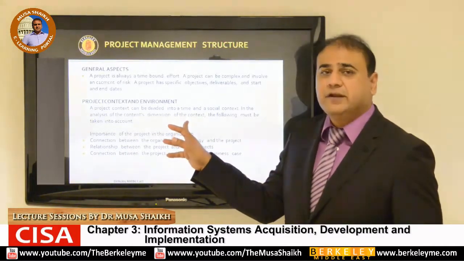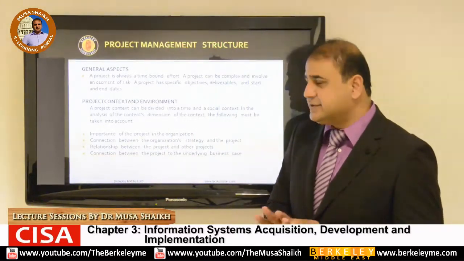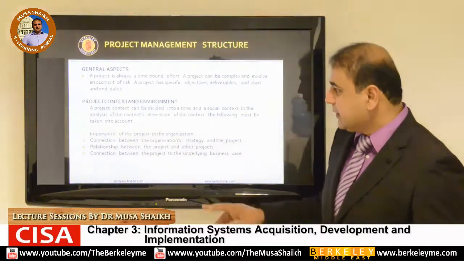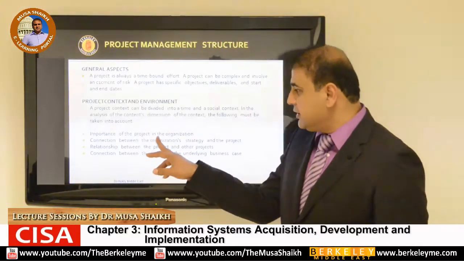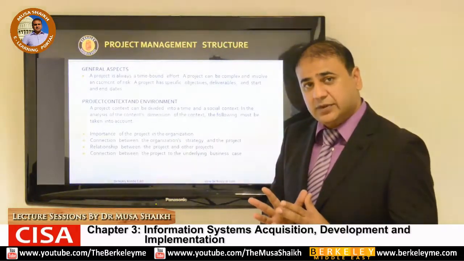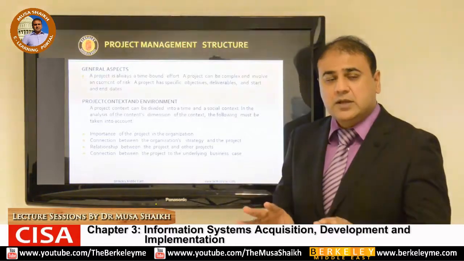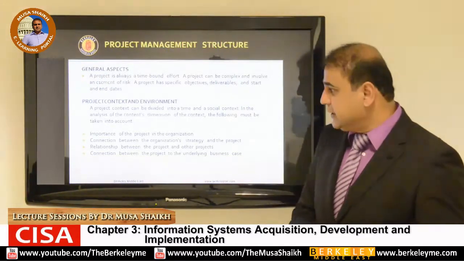One is the time framework, and the other is the social context, that this project is commercially viable and acceptable. We see what the importance of the project in the organization is, and how management views this project: as a high priority, medium, or a normal day-to-day project.